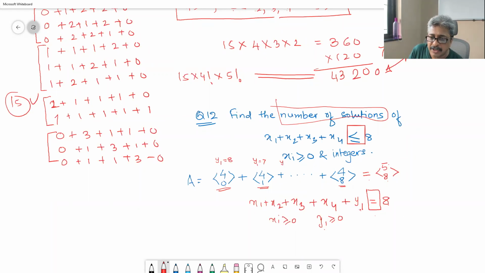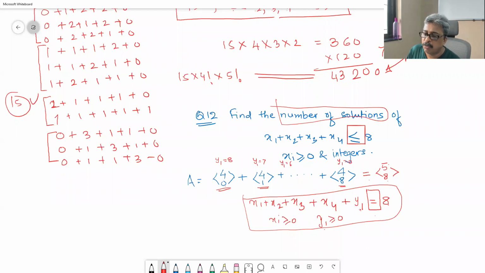In the next case y1 is equal to 6. In this case y1 is equal to 0. So y1 goes from 0, 1, 2, 3 up to 8. It cannot go beyond 8, but there is an infinite supply. Therefore, the condition on y1 is also greater than or equal to 0. The condition on all xi is greater than or equal to 0. So that is a perfect setup for elbow notation.